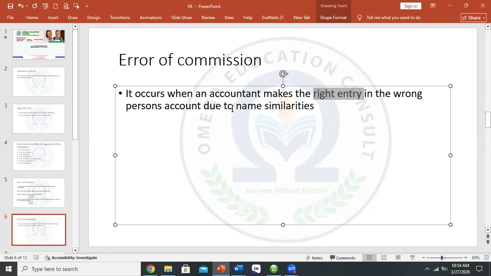Now, if he was supposed to debit Austin Akoli and he went to credit Augustine Akoli, please, that is not an error of commission, because he was supposed to debit and he went to credit. So he has changed the entry. The entry should always be correct. So maybe in place of the right, I should say makes the correct entry in the wrong person's account due to name similarities.